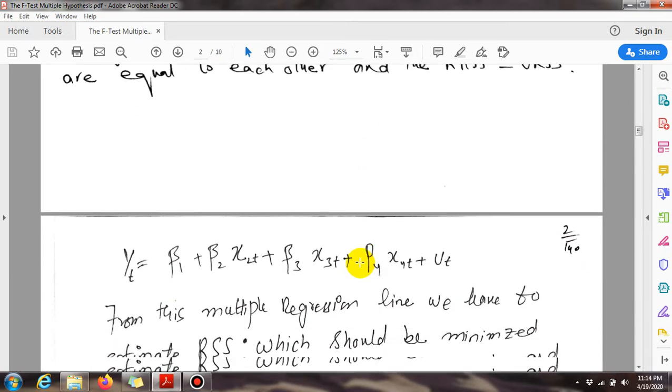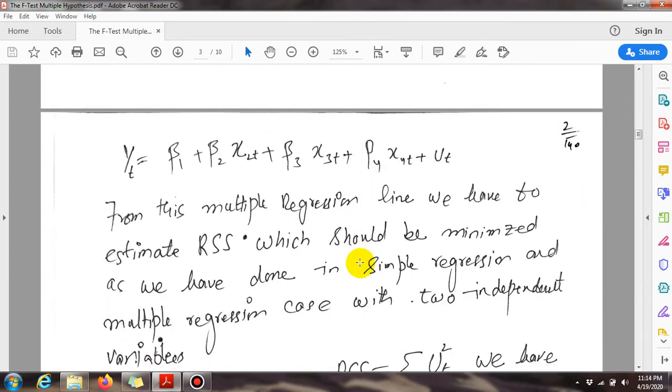Here we have a regression line, for example: yt is equal to beta 1 plus beta 2 x2t plus beta 3 x3t plus beta 4 x4t plus ut.